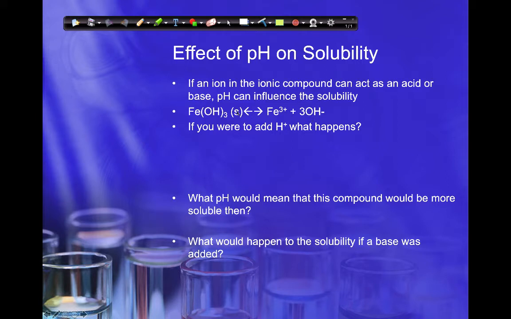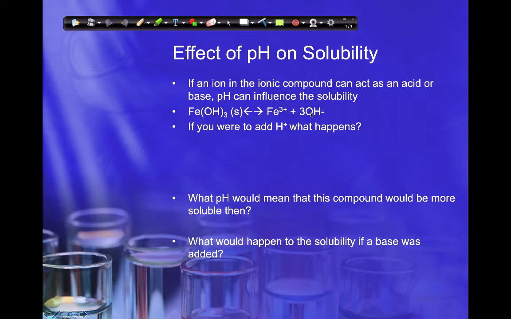So if I'm looking at this reaction, when I dissolve iron hydroxide, I'm going to create the hydroxide ion. Well, I know this is a base. Bases react to acids. So if I were to add some H+, I'm going to react that out and create water.